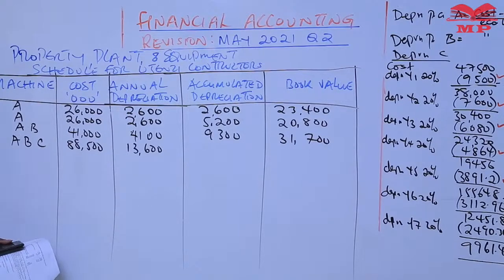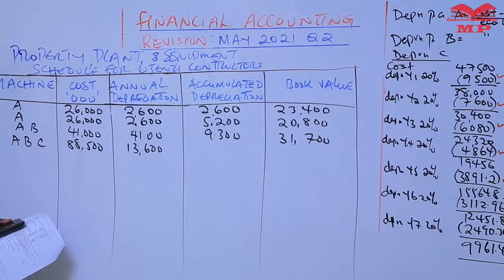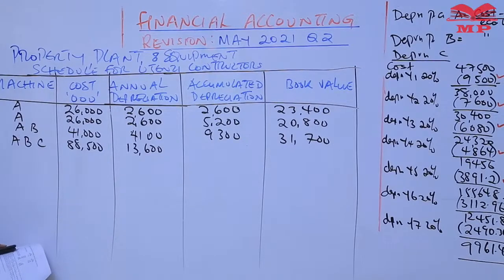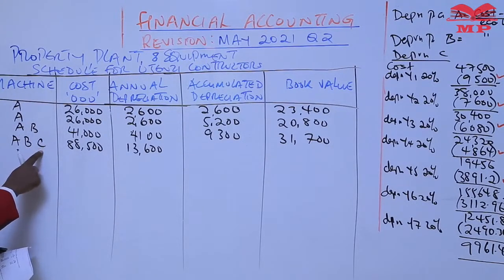So firstly, machine A accumulated depreciation at the end of the fourth year will be 2,600 times 4. Then machine B has been in existence up to 2014 for 2 years, so we add 1,500 times 2, plus machine C, which has been in existence for only 1 year.